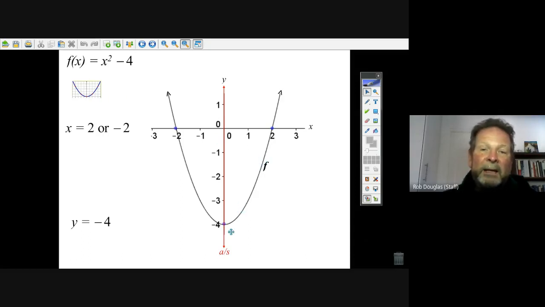And one last thing, it's kind of important for parabolas to put down the axis of symmetry. So this line, which the equation of it is x is always equal to 0, that's called the axis of symmetry. There's your y-intercept, there's your x-intercepts, and there's the whole thing sketched.